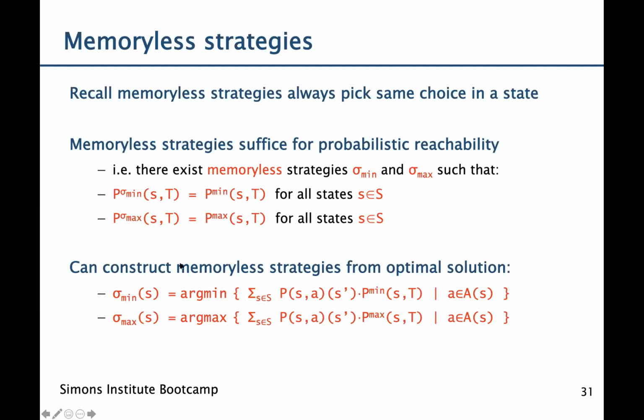After you've got the values, you can just find in each state the action that actually yields the minimum value.